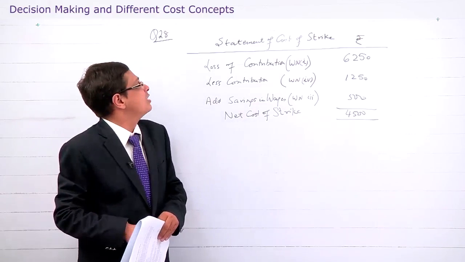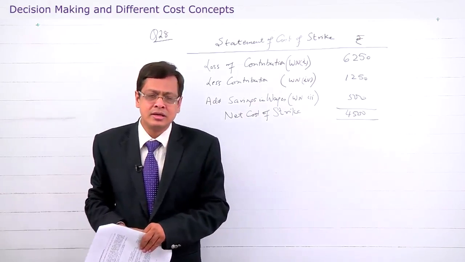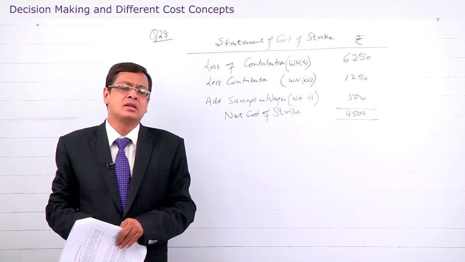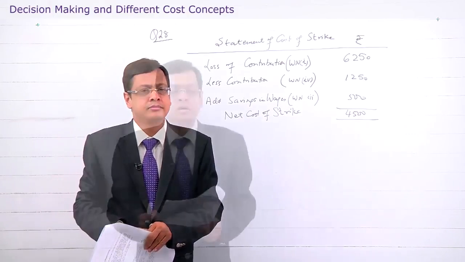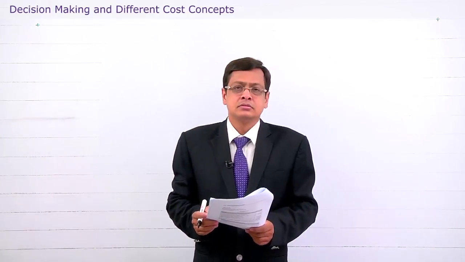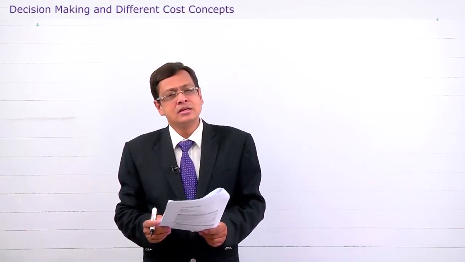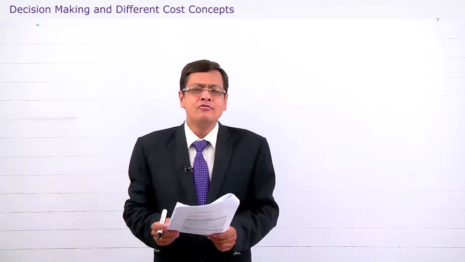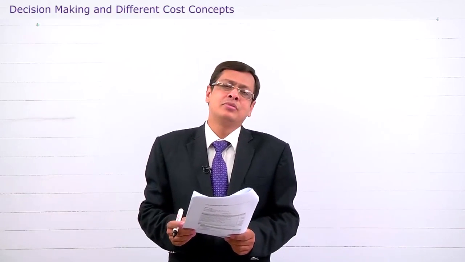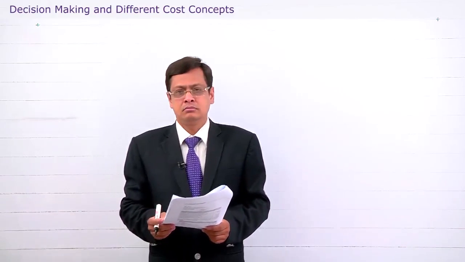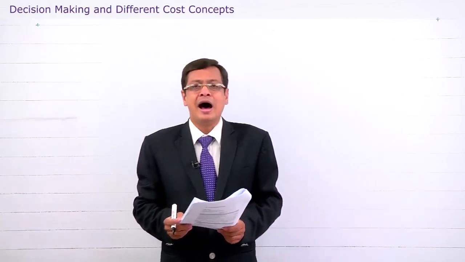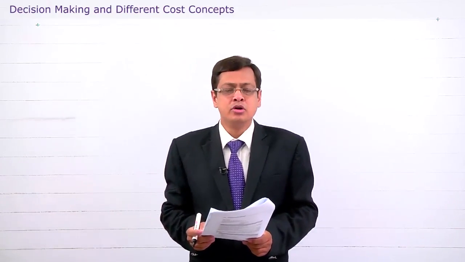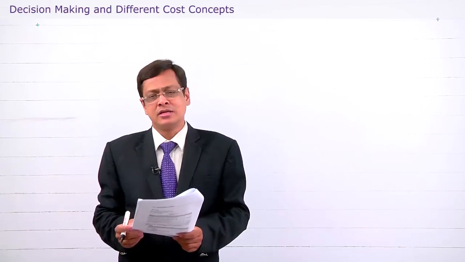So friends, we have done question number 28. Now we move to question number 29. We have done one type of decisions which was labor related. Now we are willing to think whether a company should go for automation, whether it must use high-tech equipment to produce, which increases the efficiency.